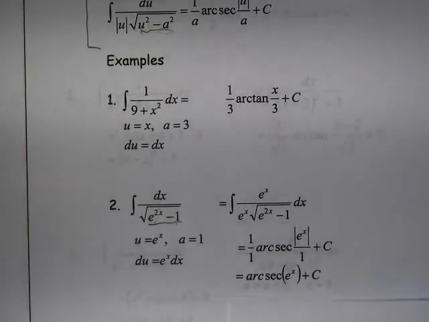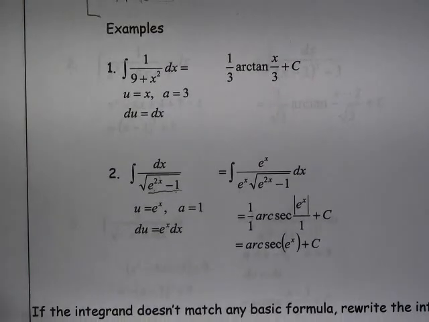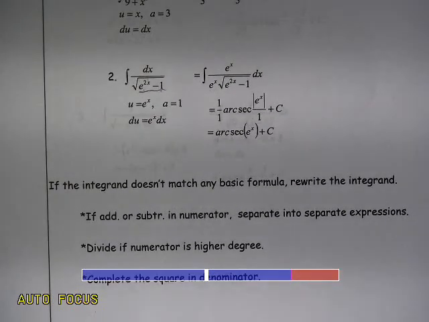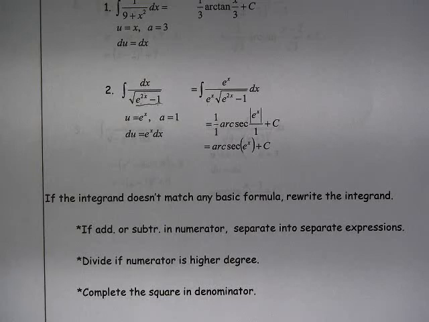All right? So in a general sense, if the integrand doesn't match any of the three formulas that we have, we need to try some things to make them look like one of those functions. So these are the most common. If there's an addition or subtraction in the numerator, separate that expression into separate expressions.